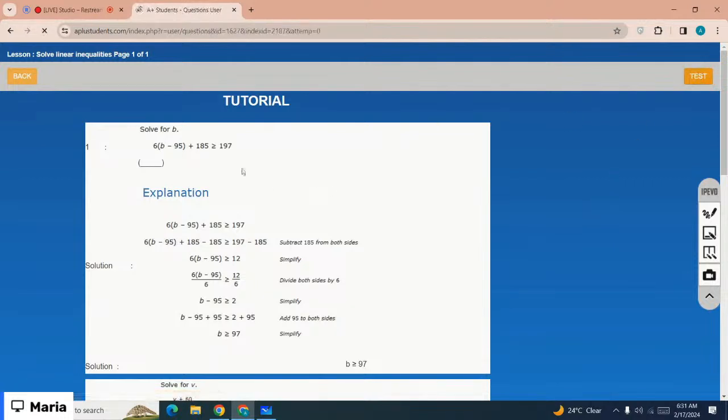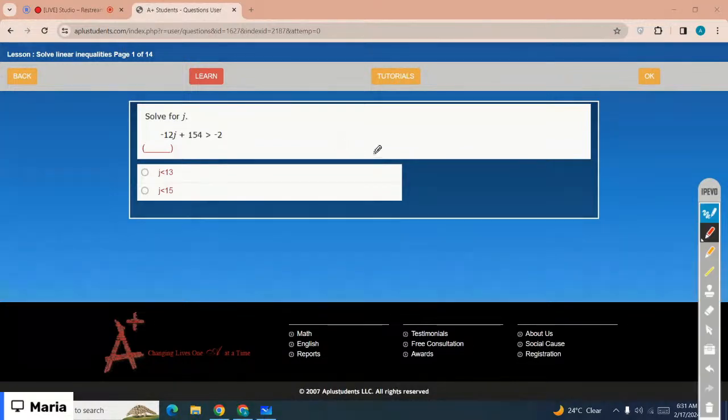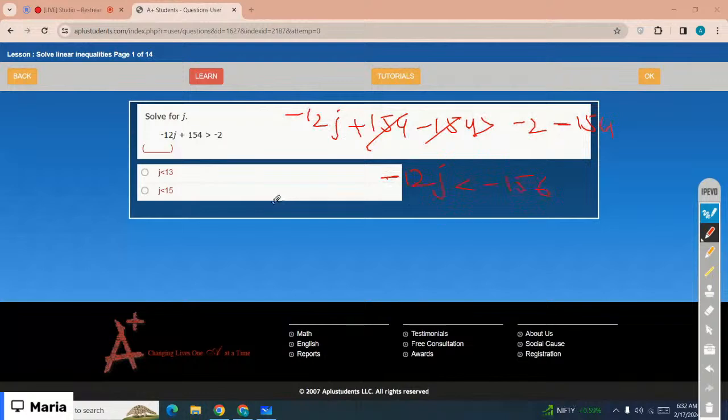Okay, the first one is negative 12j plus 154 greater than negative 2, right? So let's isolate the variable j. That is negative 12j plus 154 minus 154. You can cancel out. Negative 12j is less than negative 156, right?